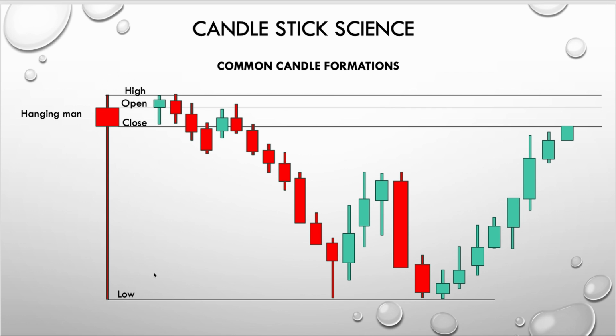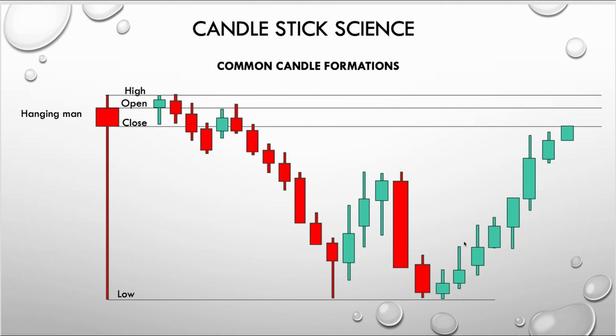But this rejection wick is created by a lot of buying pressure that comes into the market, but that buying pressure is not enough to create a bullish candle or to push the close of this candle above its open. So this remains a bearish candle, but with so much buying pressure created at the bottom to change this bearish momentum, that you see with these very many bearish candles, into some kind of a bullish reversal.